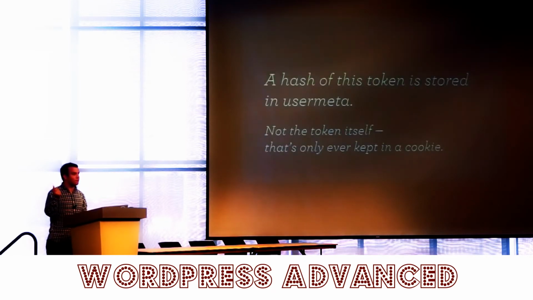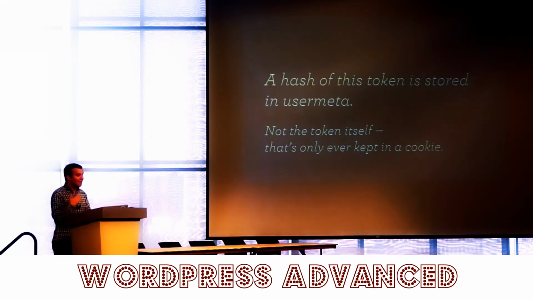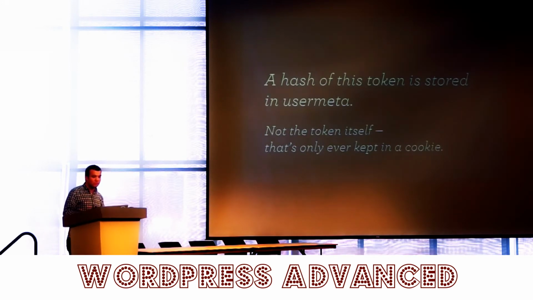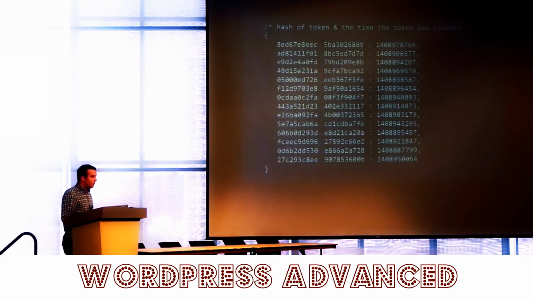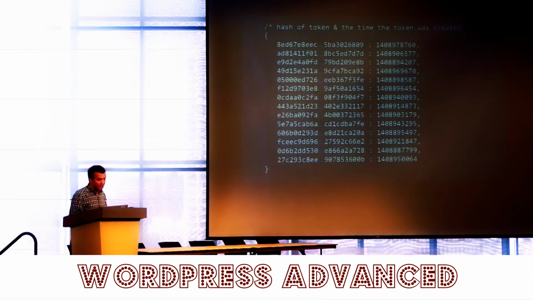And then a hash of this token. So imagine the token is password, and the hash is this 64-character thing. That's then stored in user meta. So we treat it like a password because it hypothetically is one, and what we end up in user meta is an object that looks like this, where we have this really long hash on the left, and then the value would end up being this timestamp as our value.